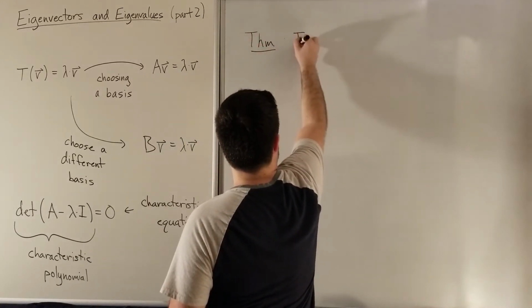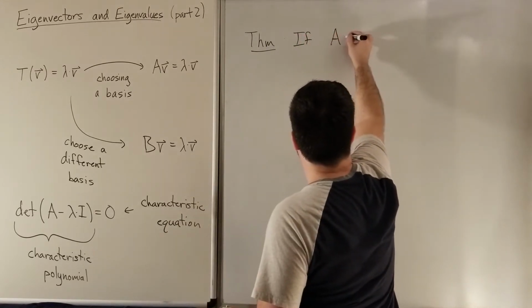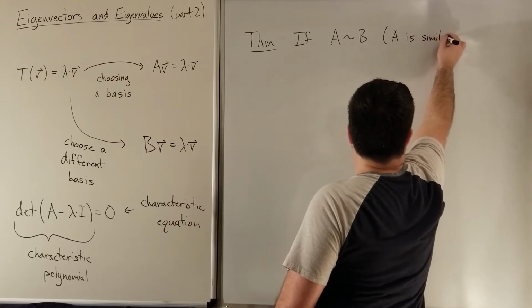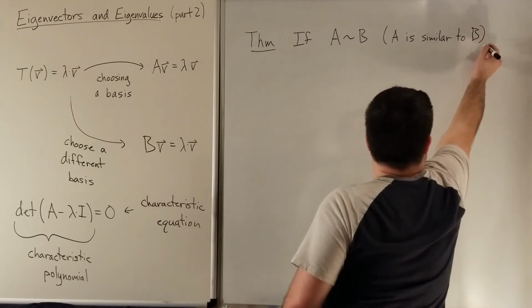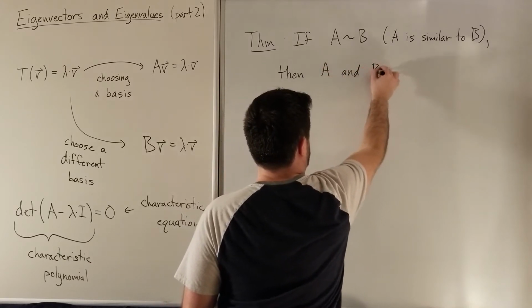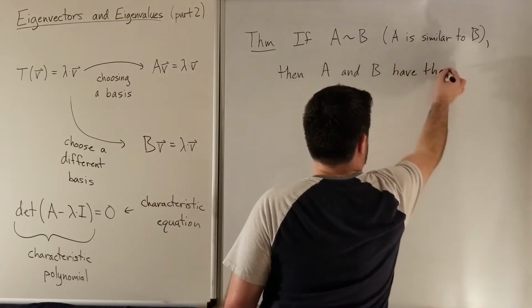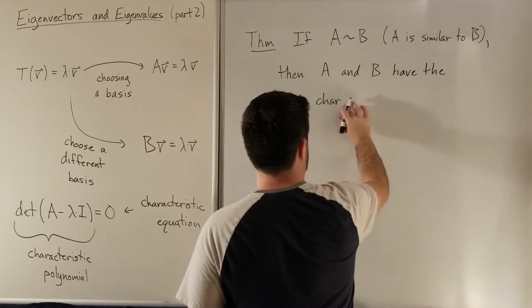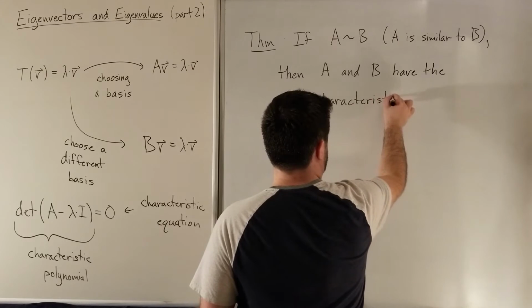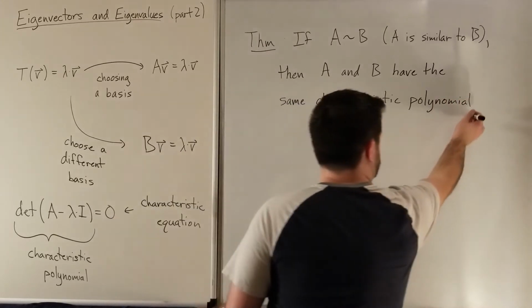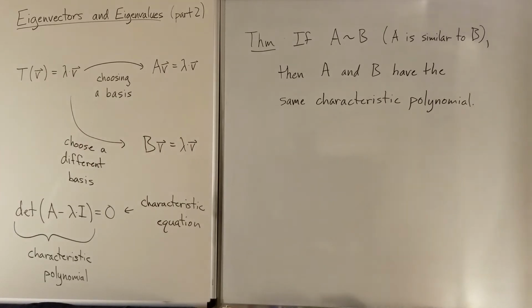Now we have a theorem. If A is similar to B, then A and B have the same characteristic polynomial.